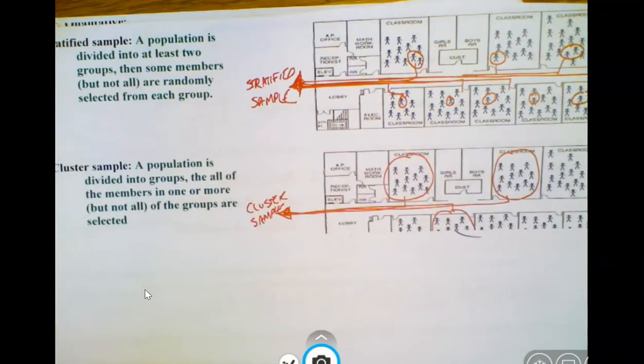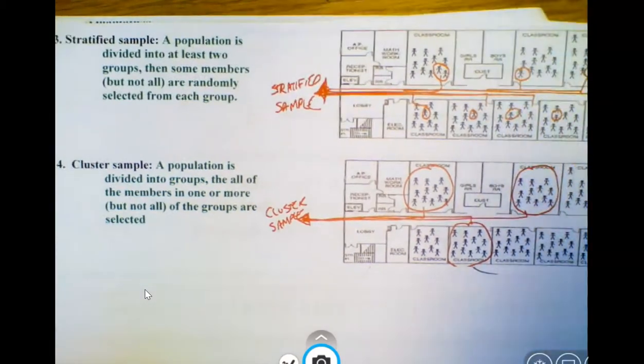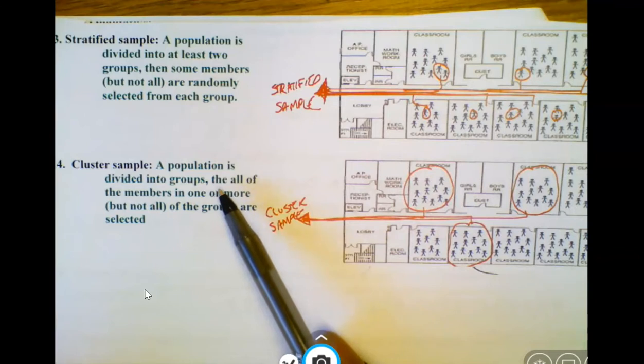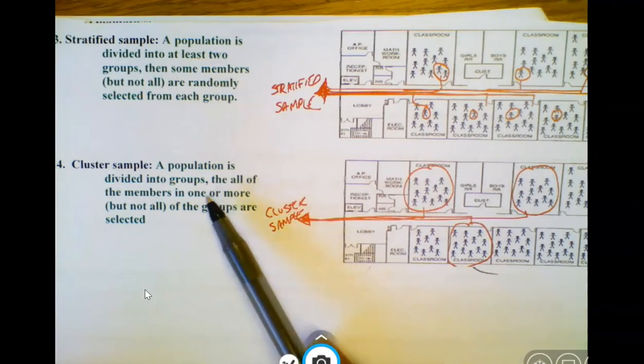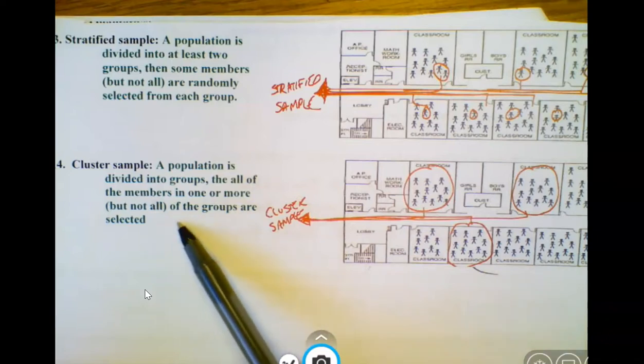A cluster sample is slightly different. In a cluster sample, the population is divided into groups. Then all the members of one group, but not all the groups, are selected.